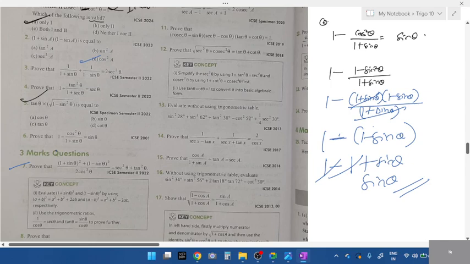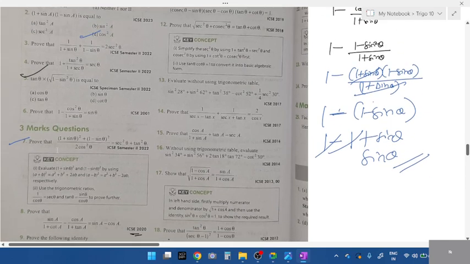Try the 7th one. 7th one, 8th one. Numbers are already given here. 7th question, 8th question.